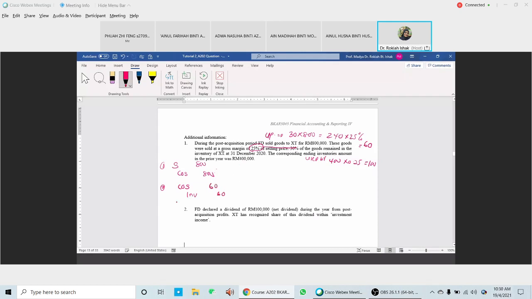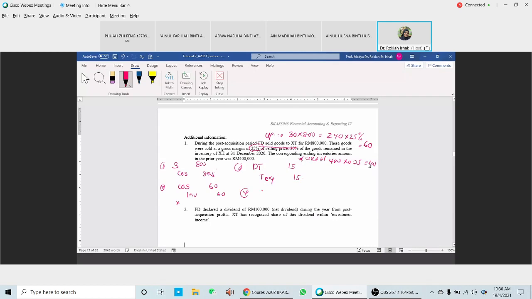Then there is a tax effect. Once there is a tax effect, you're going to debit deferred tax and credit tax expense. The tax rate is 25%, so we're going to have 15 and 15. The next one, we need to prepare the journal entry for the URP last year.